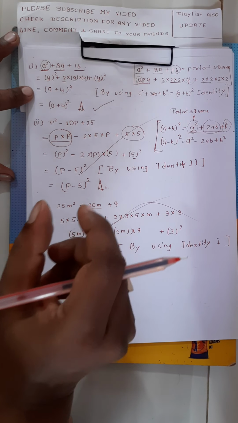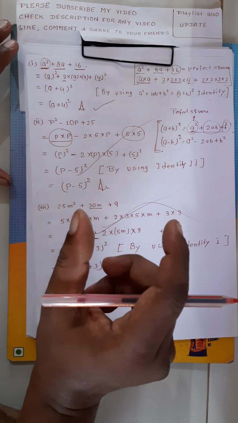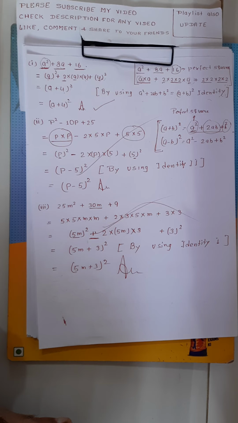If you get any two terms that are perfect squares, then it means the first condition of identity first or second has been fulfilled.